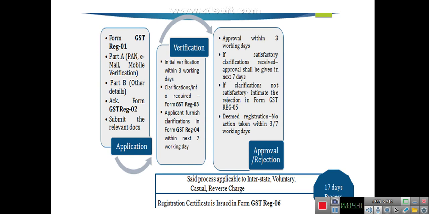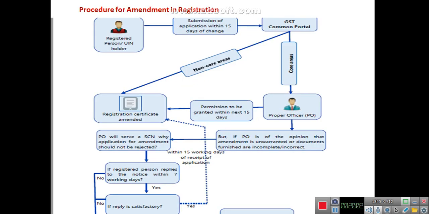If no information is received from the authorities, then it will be assumed that the registration is granted and no action is taken within 3 to 7 working days. So the whole process of registration will take 17 days, and after that the registration certificate will be issued in form GST REG-6.